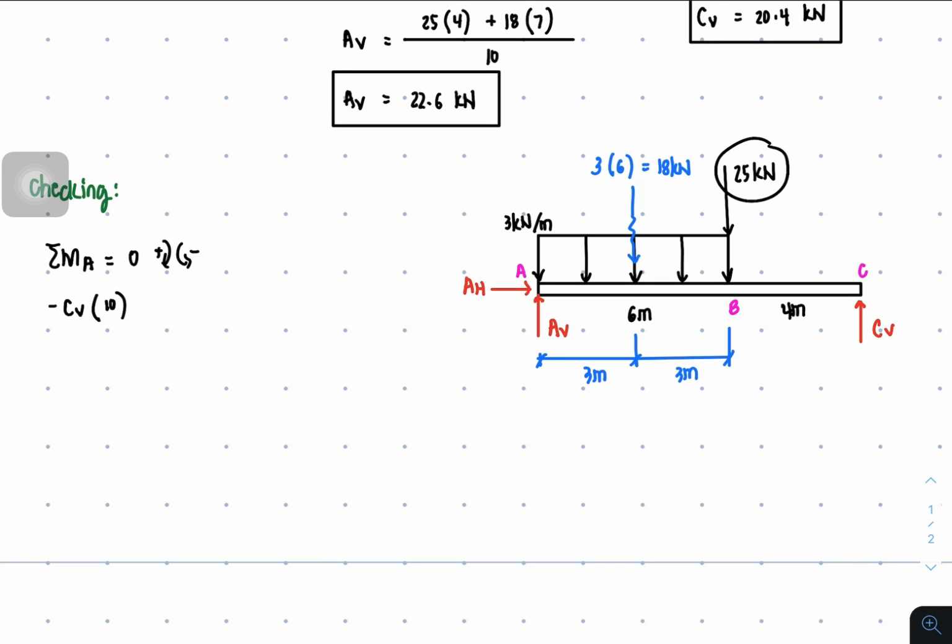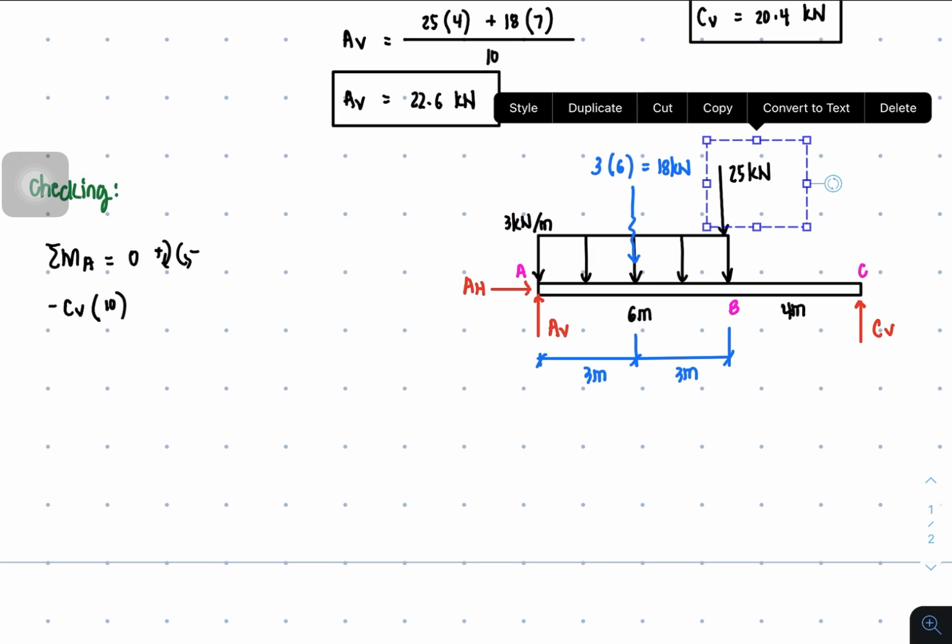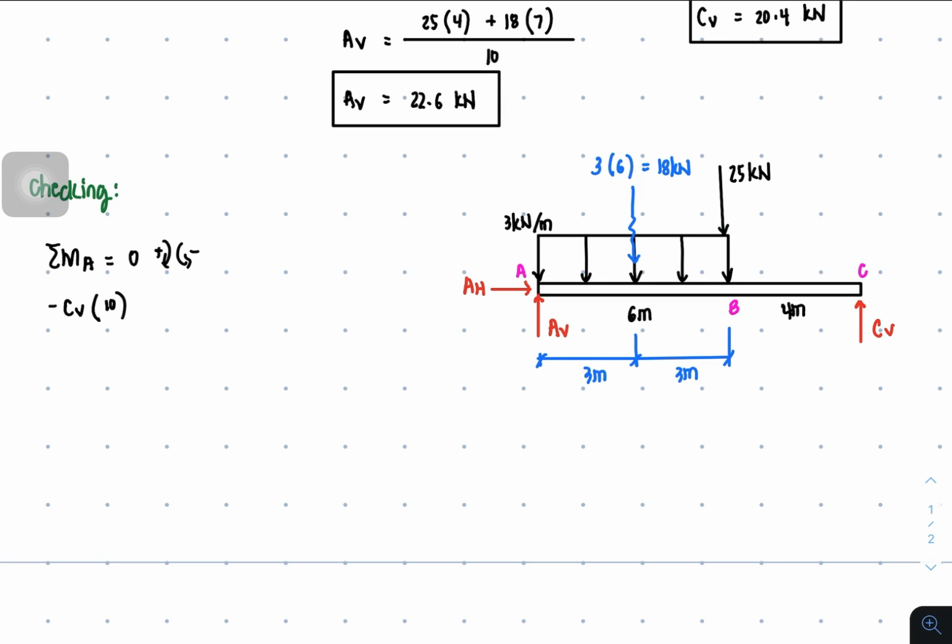Next is 25. The 25 will rotate the beam clockwise. As you observe, the rotation of this 25 about point A makes the beam rotate in the clockwise direction, because the force is downward about point A. So you have plus 25, and the moment arm is the distance of point B from point A, which is 6 meters.